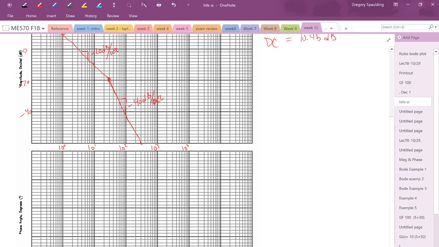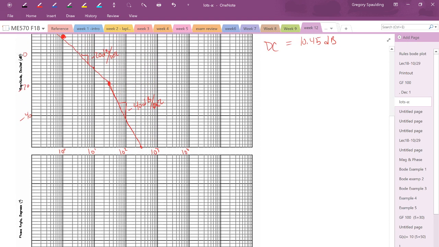Let's see what the phase is on this. Well, the phase is just the slope times 90 degrees divided by 20 dB per decade.